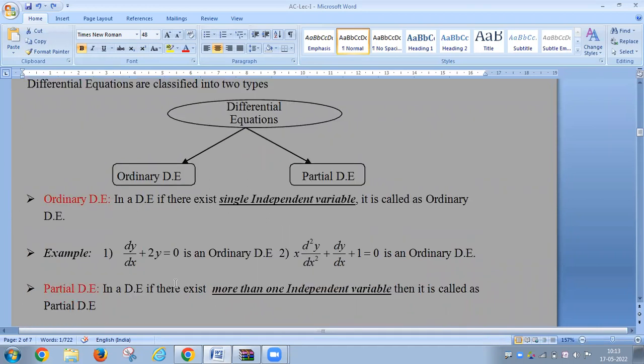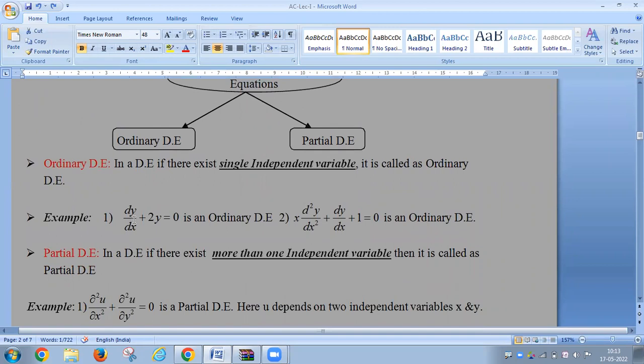For example, dy by dx plus 2y equal to 0. This is an ordinary differential equation because there is only one independent variable. Here x is the independent variable, so we use ordinary derivatives. We have used dy by dx, so this is an equation involving an ordinary derivative.